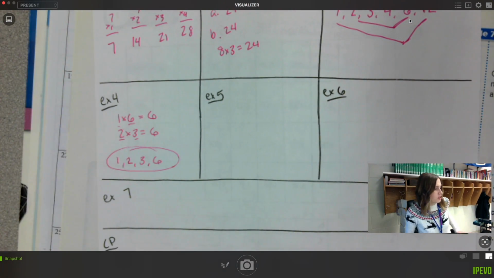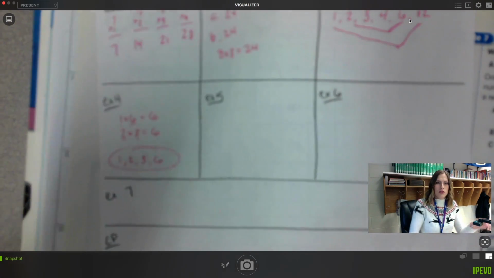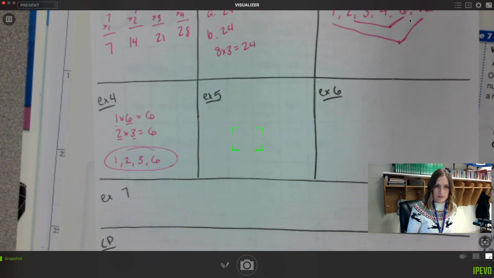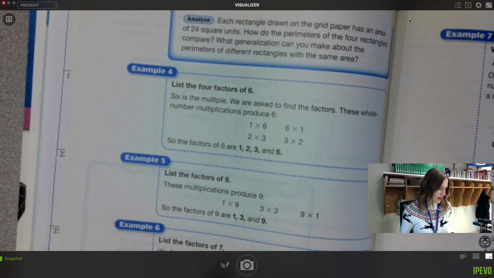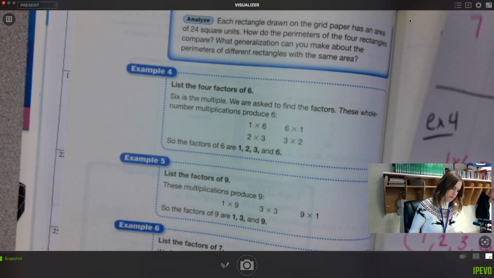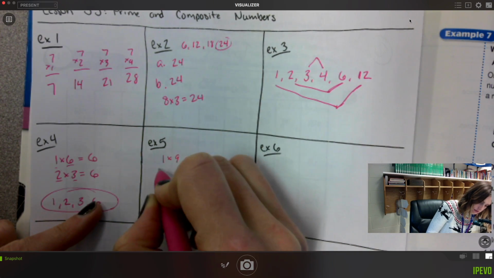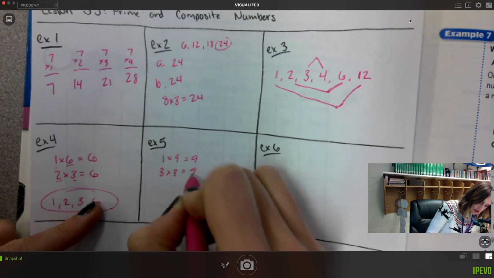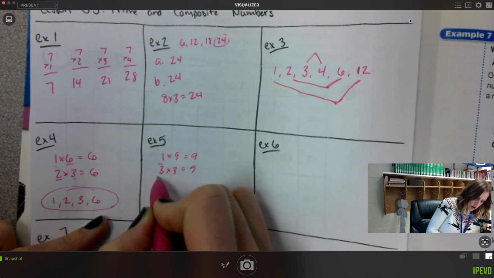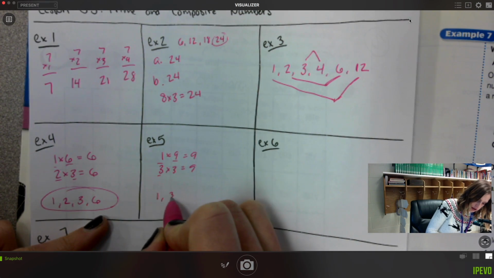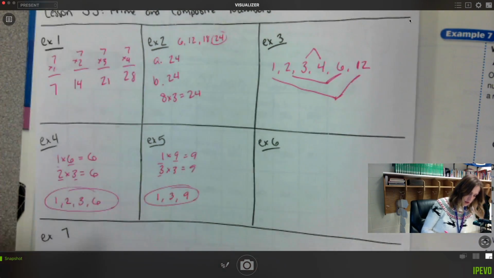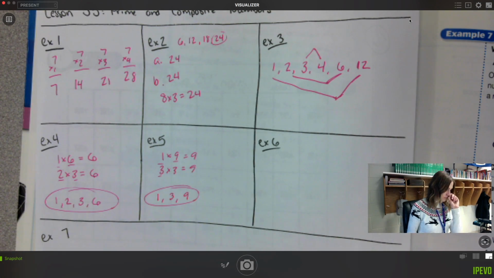Think what numbers multiply together to equal 6. Example 5. List the factors of 9. 1 times 9 equals 9, and 3 times 3 equals 9. So the factors are 1, 3, and 9. We don't need to write 3 twice. Factors are just 1, 3, and 9.